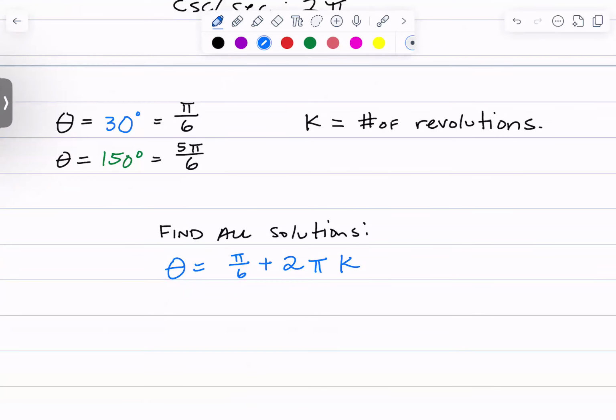Plus 2 pi k. And then the other one is going to be theta equals 5 pi over 6 plus 2 pi k. Yeah. Do you guys understand the 2 pi k?